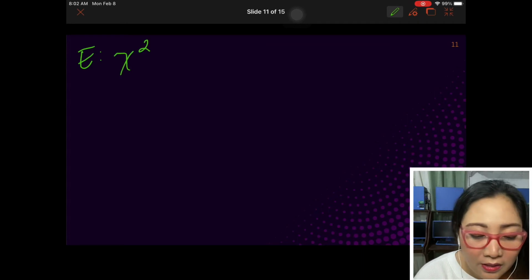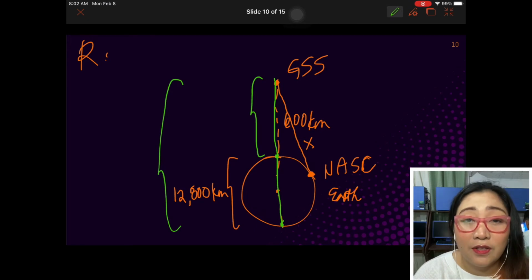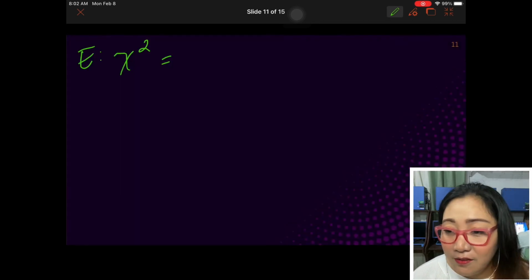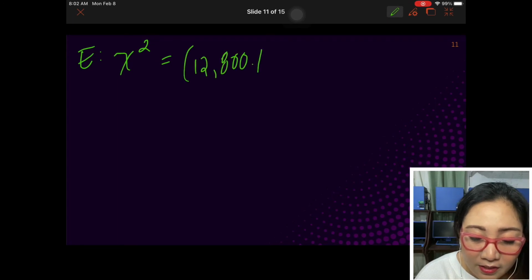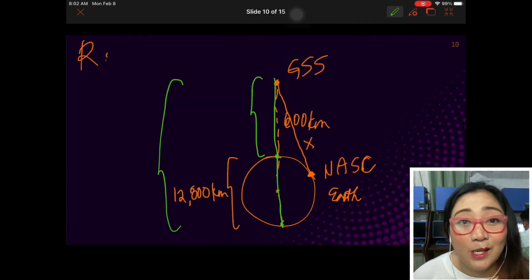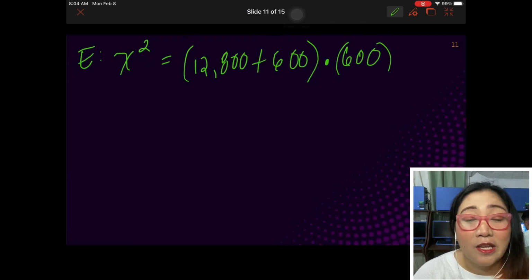So, siya yung squared equals yung length ng ating buong secant line. Paano natin makukuha yung length ng buong secant line? So, papansin nyo, yung diameter natin is 12,800. Tapos, meron tayong 600 kilometers. Pag-a-addin lang po natin siya. Okay? So, that will give you 12,800 plus 600 kilometers. And then, times yung segment sa labas. Gaano kalaki yung segment sa labas? 600 kilometers. Okay? So, yun na po ang ating equation.